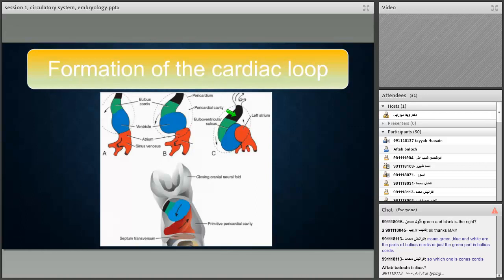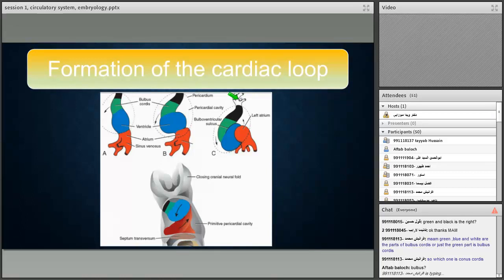The distal part, I mean the white part of the bulbus cordis, is called truncus arteriosus. The truncus arteriosus will form the root and proximal portion of the aorta and pulmonary artery.